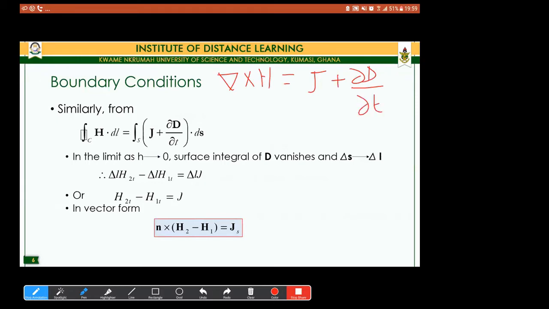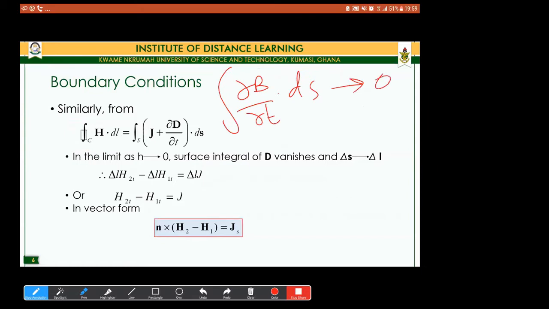We can do the integral to arrive at this, because we begin with a surface integral, and that surface integral will be converted to a line integral. And just as we made the argument for ∂B/∂t ds, the integral of that approaching 0 because the height h is approaching 0, the surface integral of B vanishes.